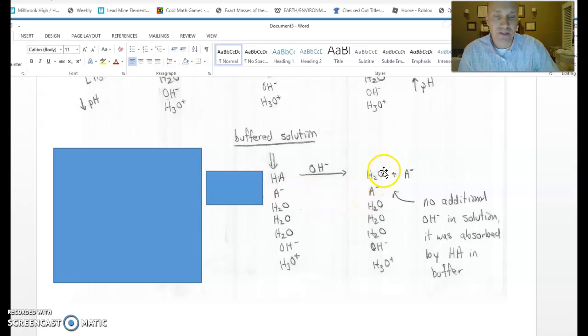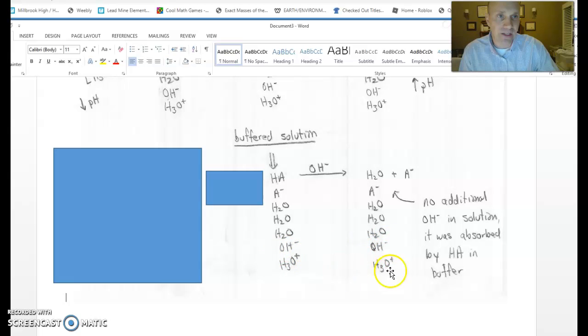All right, so let's take a look at what's now in the solution. Well, the only difference between what we had before and what we have now is that we no longer have an HA in there. We have an extra H2O, which isn't going to really affect much, and we have an extra A minus. But notice what didn't change. We don't have any extra OH minus.